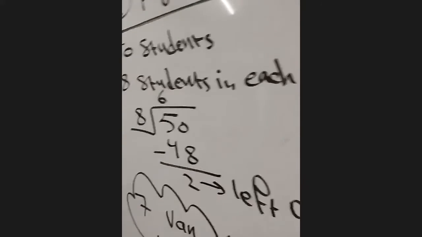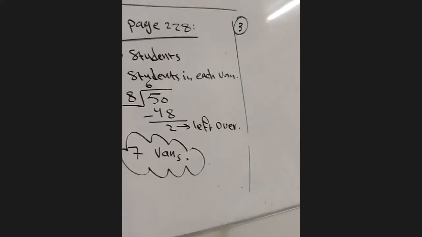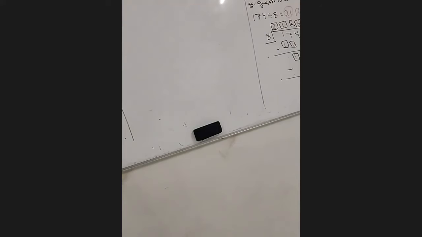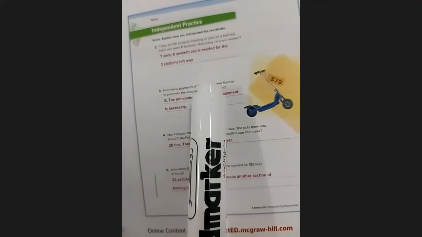Question 3. Read again: How many payments of $10 would it take Samuel to purchase the scooter shown at the right?